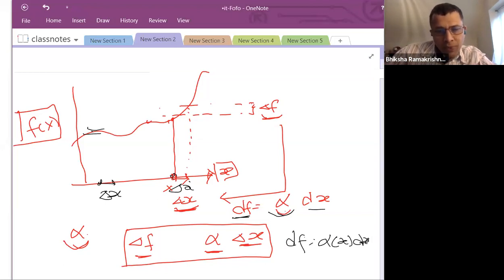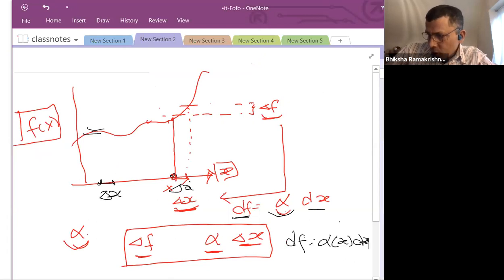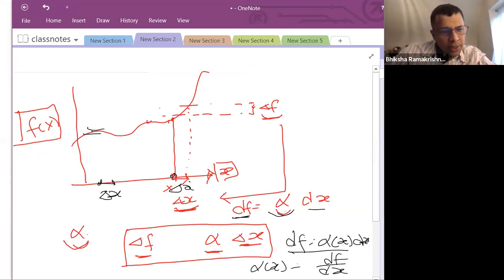Now, if x is a vector, does anybody want to guess how that would change? By the way, only in the scalar case, you can write alpha of x equals df over dx. Does anybody want to guess how this changes when x is a vector?